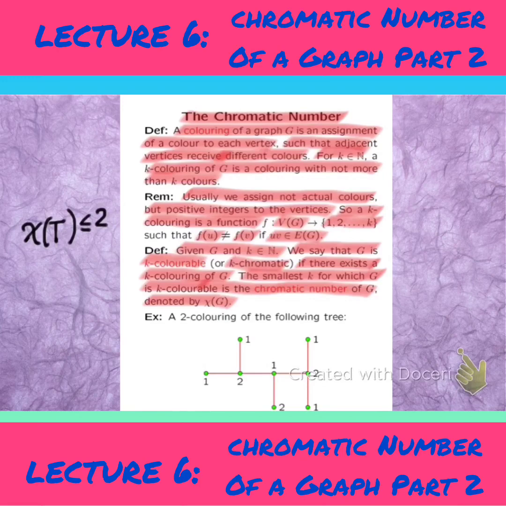The reason for that is that trees are bipartite graphs, so you can always divide the vertex set of a tree into two partite sets, and you don't have adjacency within those partite sets. You only have edges between the partite sets. So you color the one partite set with color 1, and you color the other partite set with color 2. That is how it works. So we're going to study the chromatic number.